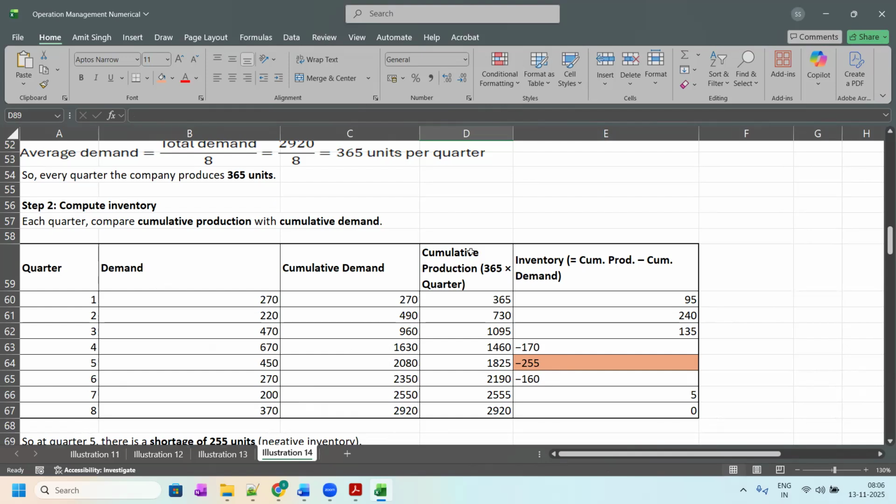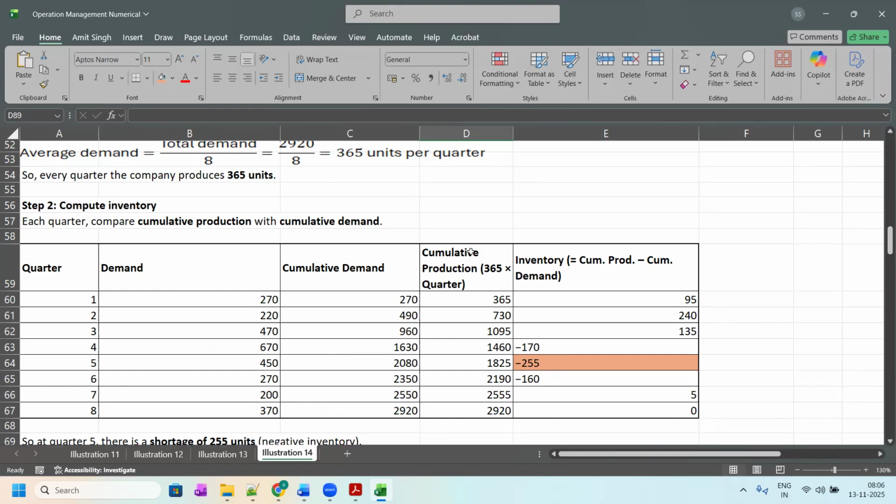So how to make sure that in quarter 5 you will not have the shortage of 255 units? For that, from the first quarter only, you need to have a surplus of 255 units of inventory, so that when quarter 5 comes, you end up with zero shortage cost.